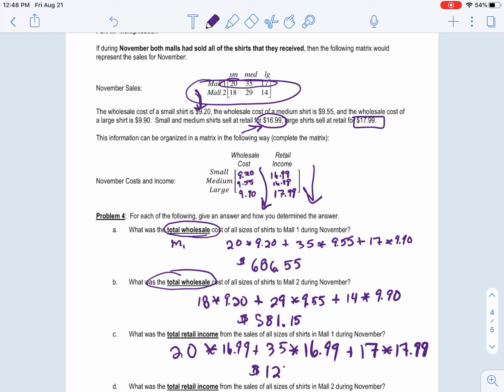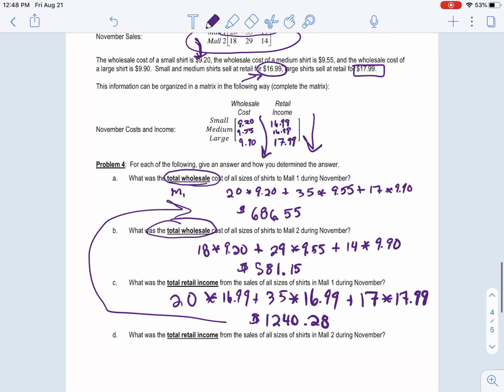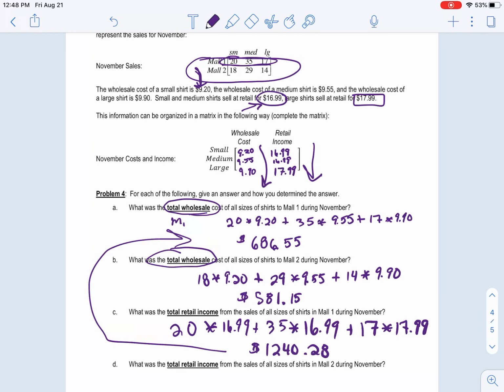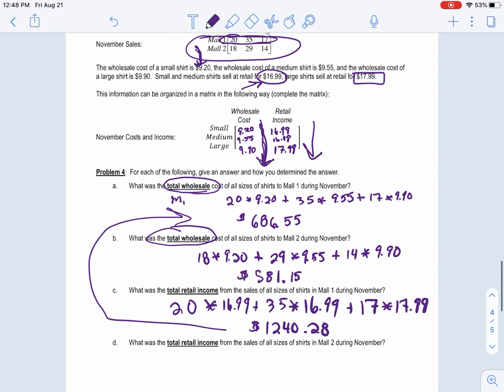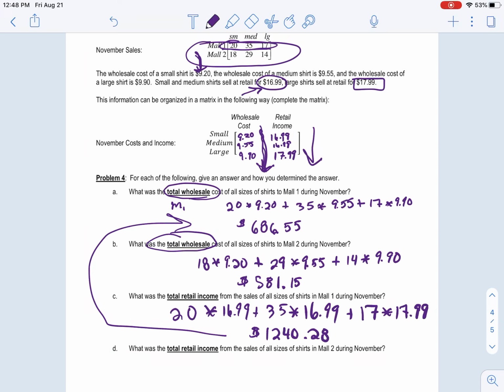We made $1,240.28. But if we had to pay our bills, then we would have to subtract this from this to figure out how much profit we made. We're not going to go into that right now. I just want you guys to look at what I did here. Okay? I took the Mall 1 and multiplied by these costs going down. Okay? Total retail income. Pause me for a second and write it down and see if you can do that one for Mall 2.